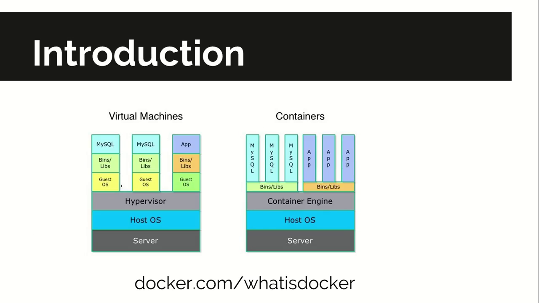Introduction. The first thing is to compare VMs and Docker, because a virtual machine is the closest thing to containers. Virtual machines are heavy because they need their own operating systems, which means a virtual machine can run independently.